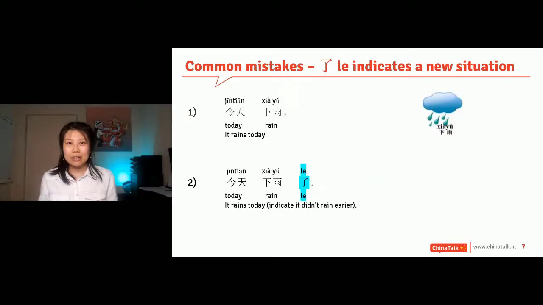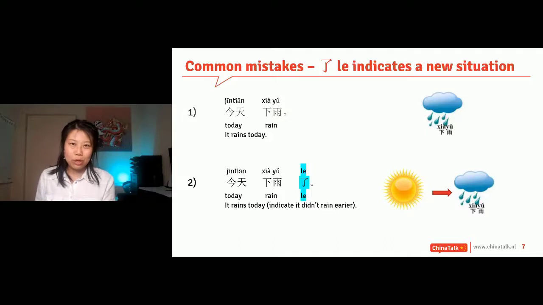So here is another group of sentences. 今天下雨 and 今天下雨了. The first one is only for that moment, and the second one shows a new situation, a change. So let's put it into a real context. The first one could be, my mom asks me, how is the weather today?